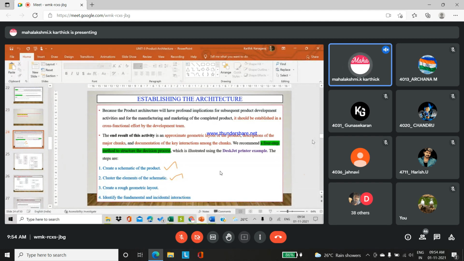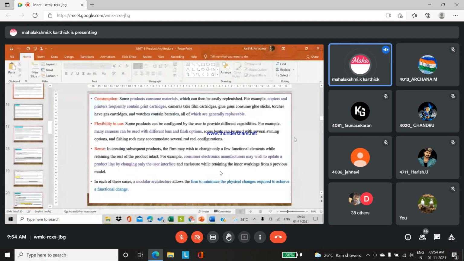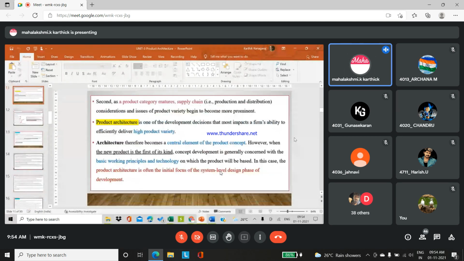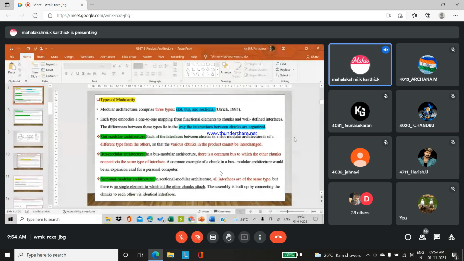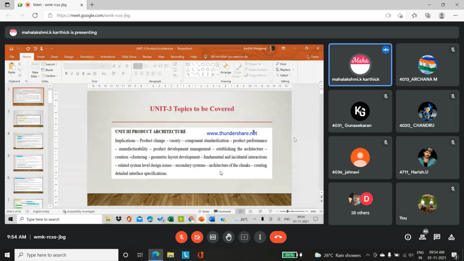So last class we were covering unit 3. Most of the previous topic, whatever you have covered, I hope you have at least gone through some information, at least know some concepts related with the topics we have covered. Okay, so unit 3 consists of implications and establishing the architecture.